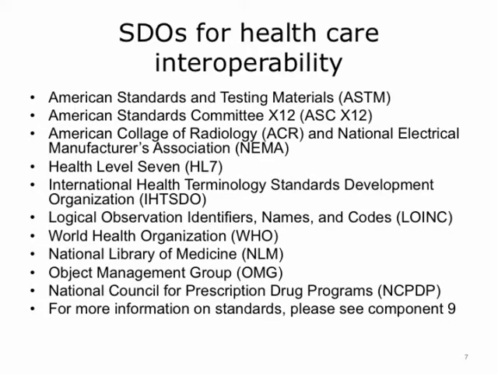This is a list of SDOs for healthcare interoperability, such as ASC X12 or American Standards Committee X12 Subcommittee, Health Level 7 or HL7, International Health Terminology Standard Development Organization or IHTSDO, LOINC or Logical Observation Identifiers Names and Codes, NLM or National Library of Medicine, and NCPDP or National Council of Prescription Drug Programs. This is not a comprehensive list. For additional information on standards, please refer to Component 9.